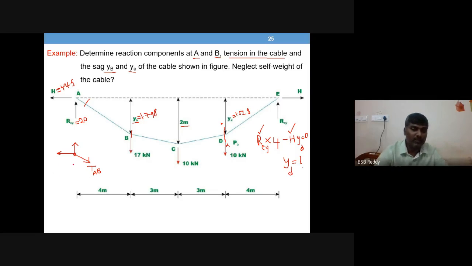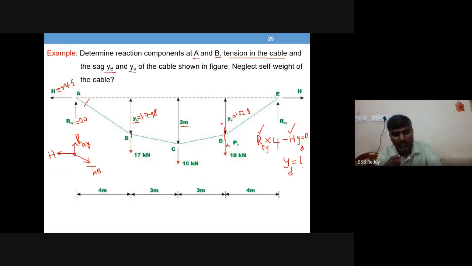Okay. So in engineering mechanics, you might have studied that if there are only two forces acting on a body, for the body to be in equilibrium, those two forces should be acting along the same line.